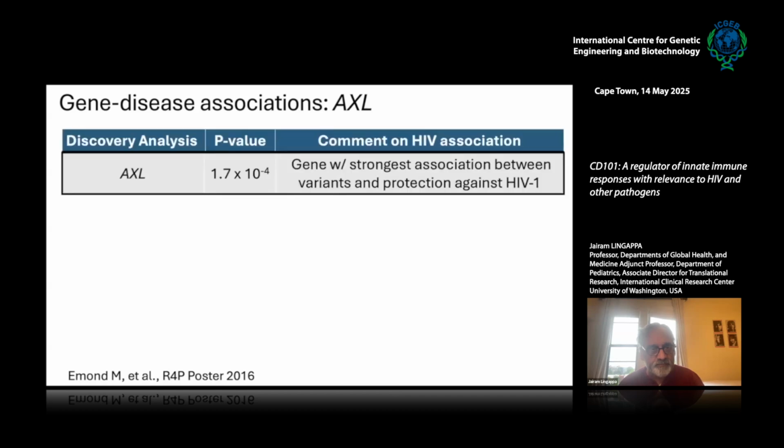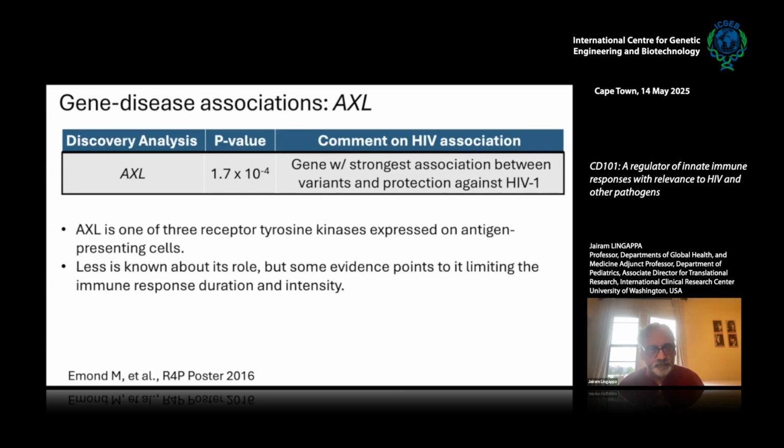And that is that we identified AXL as being the gene with the strongest association between the presence of variants and protection against HIV. CD101 had a strong association with risk of HIV. AXL has a strong association with variants mediating protection against HIV.